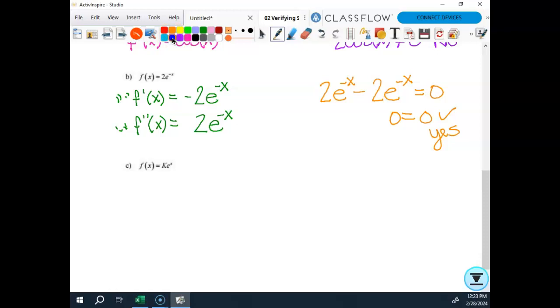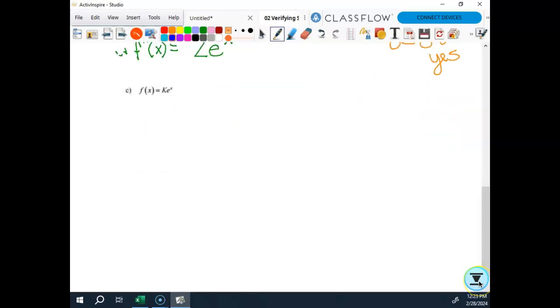All right. Let's do C. Find f double prime. What does k represent?